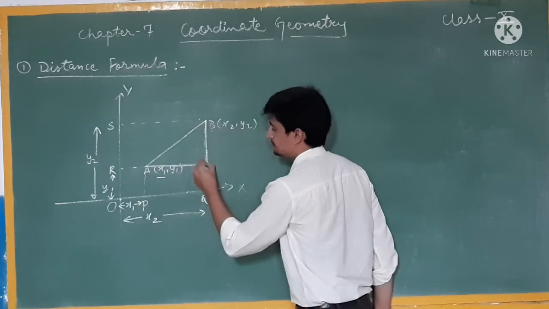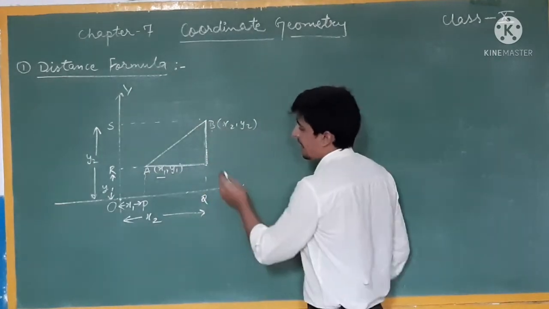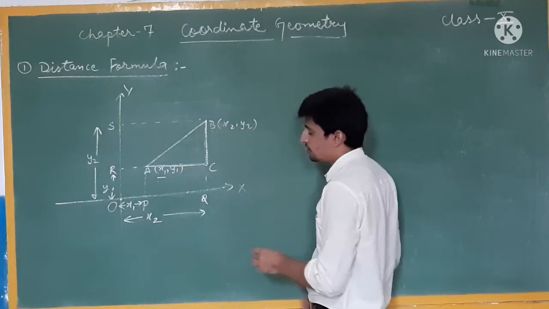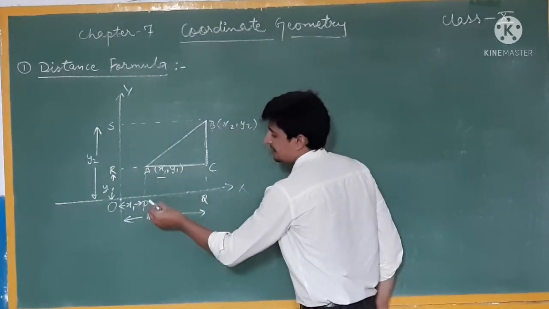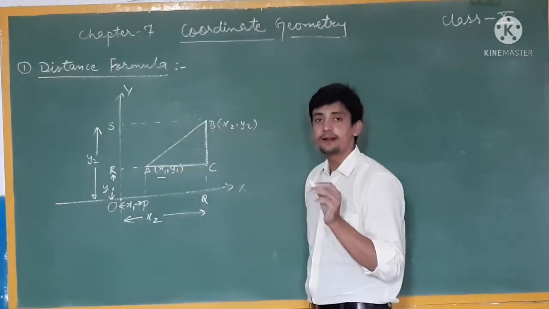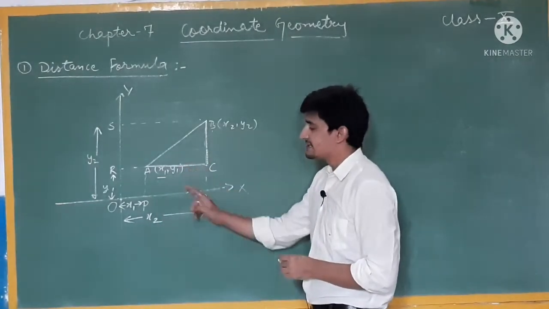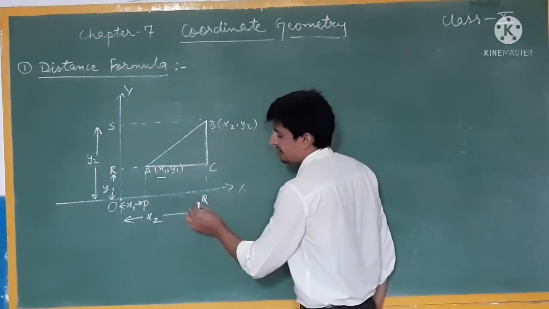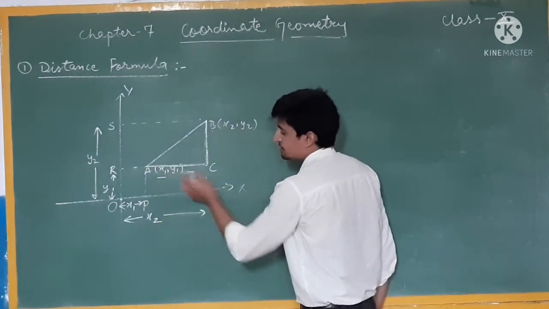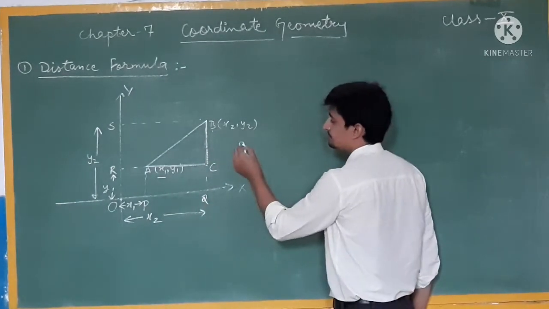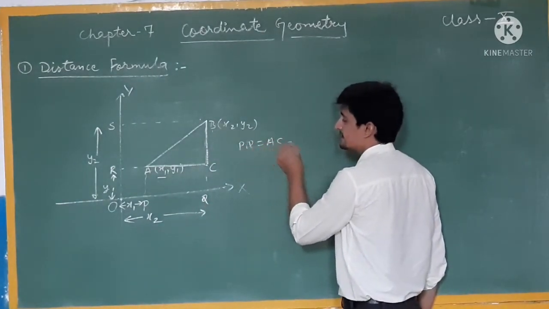Now I can call this point C. You can look here, APQC is a rectangle, and in a rectangle opposite sides are equal. So I can say that PQ is equal to AC.